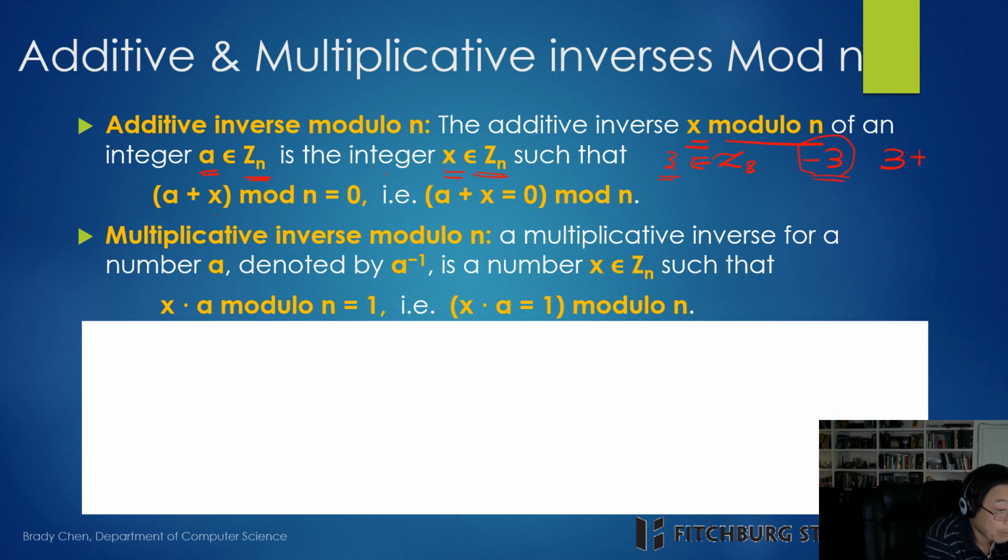So what's the inverse of 3 modulo 8? It's 3 plus 5 mod 8, that's 0, right? 3 plus 5 is 8, and 8 mod 8 is 0. So that means 5 is the inverse modulo 8 of 3.